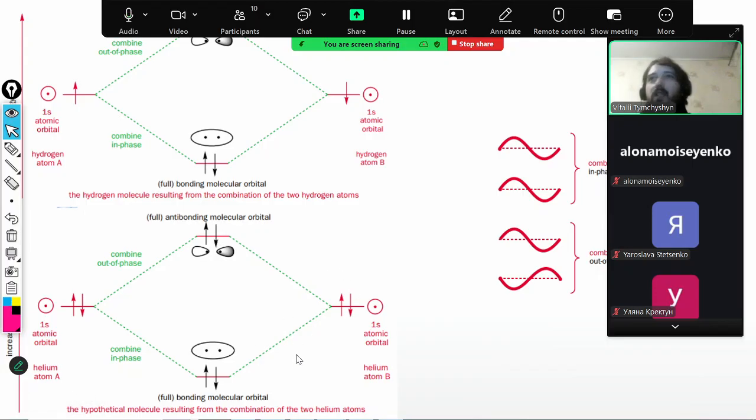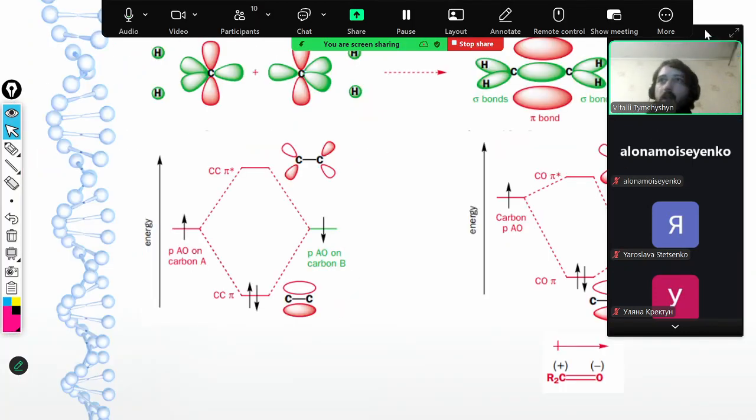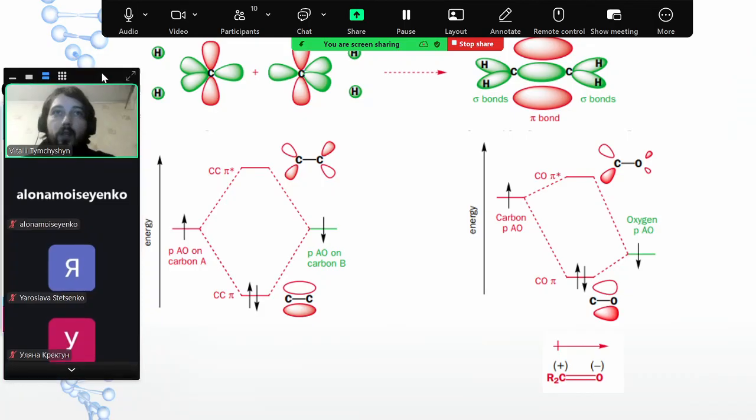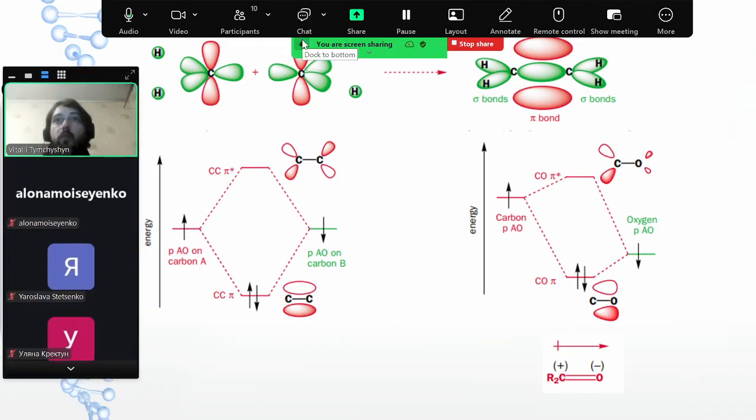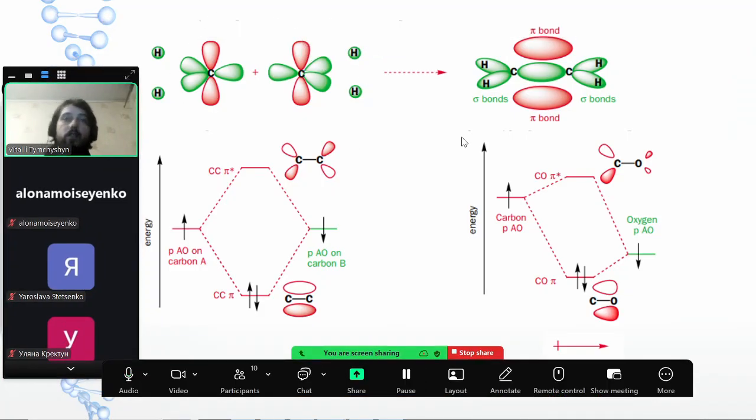So helium does not like to combine into molecules. That's why you will always see hydrogen gas as H2, but helium is just helium. It's not helium-2 or something like that. So that's the reason.